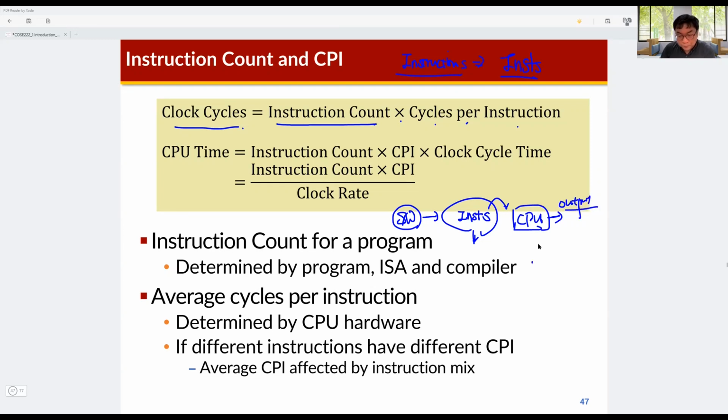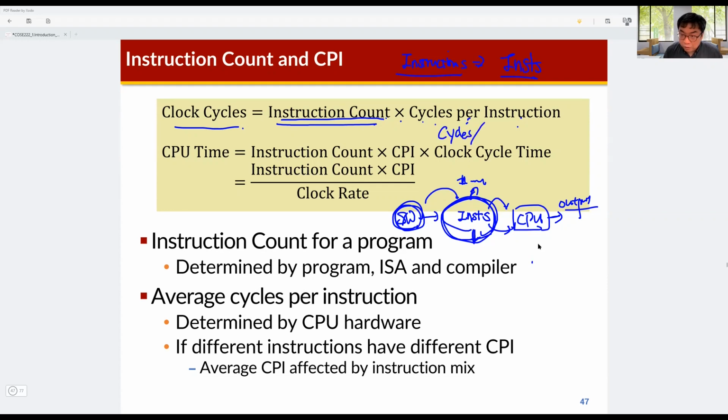So the instruction count is important, because these instructions are counted and executed. We can rewrite the clock cycles as the instruction count of the software, the number of instructions, times cycles per instruction. That means the required clock cycles to execute one instruction.